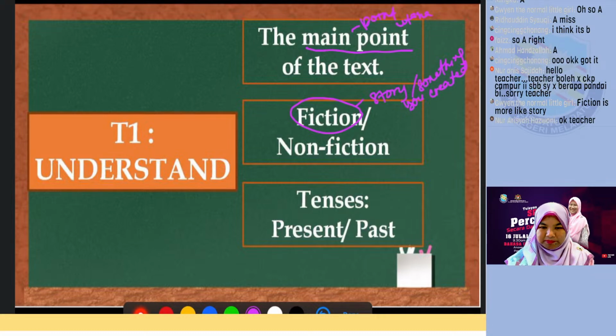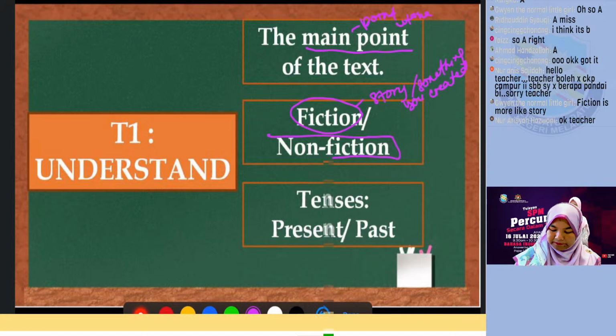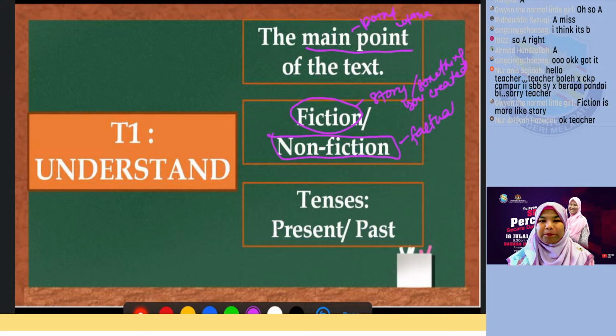In BM we call it fiksyen. Something you created, story, cerita, or benda yang direka. While non-fiction would be factual. Factual means berfakta. Is it okay, Anis? Alright, I hope you are all doing well. Non-fiction means factual or fakta.